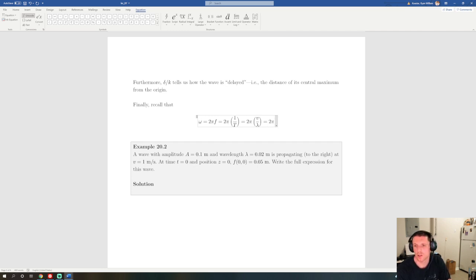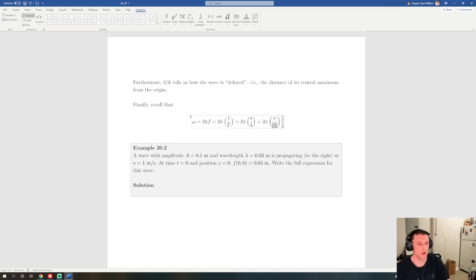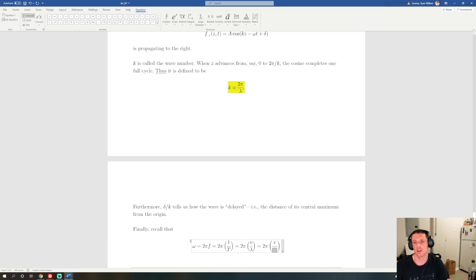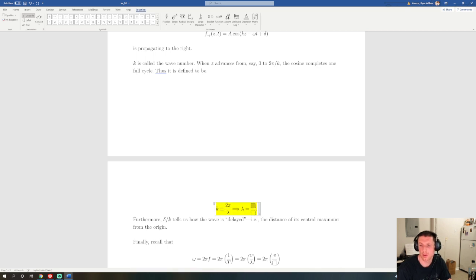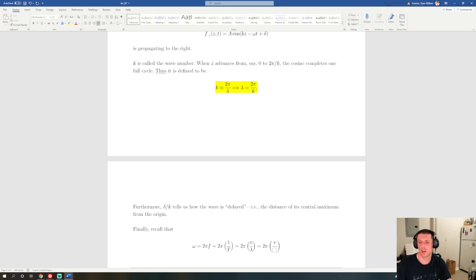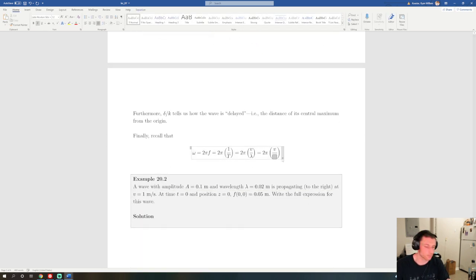We can write 2 pi v over, and then from our definition of k, this tells us that lambda is equal to 2 pi over k, right? And so here we can write that lambda is 2 pi over k. And then upon canceling the 2 pi's and simplifying, we find that omega is just kv.